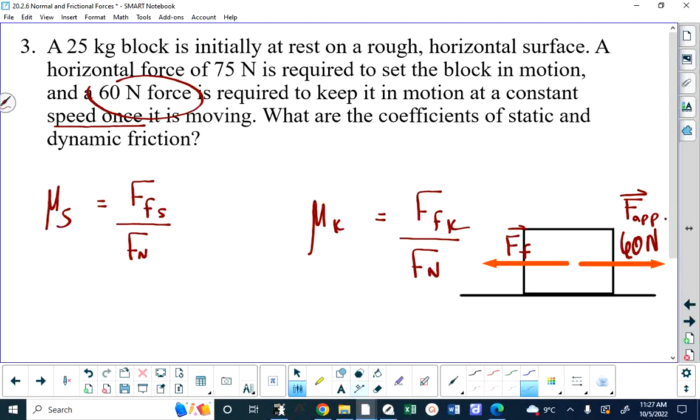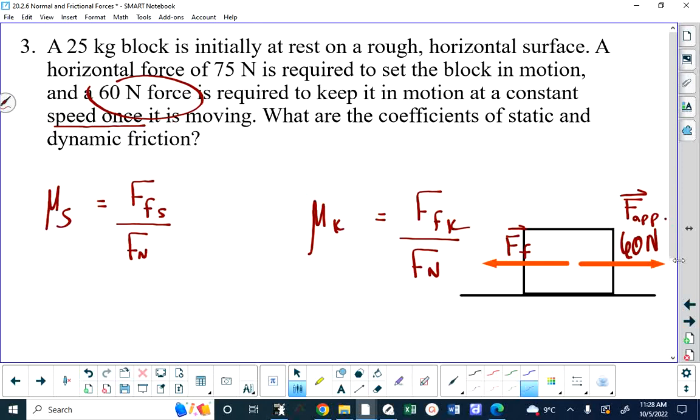And since this is motion, this 60 newtons is the force of kinetic friction. On the other hand, to get it moving, I'm not going to redraw that diagram. To get it moving, the diagram would look the same, except you have to apply a little bit more force, 75 newtons, which means the force of static friction is 75 newtons.